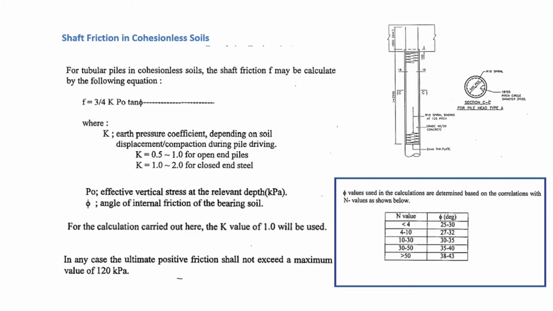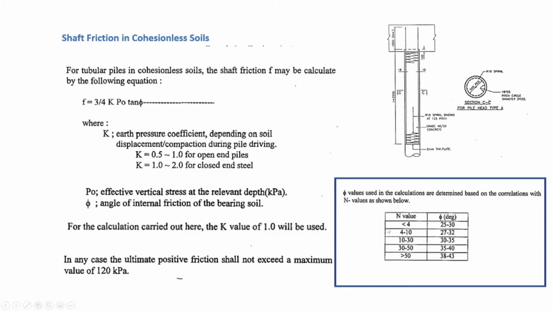For this calculation, the K value of 1 will be used. However, the ultimate positive friction shall not exceed a maximum value of 120 kPa.